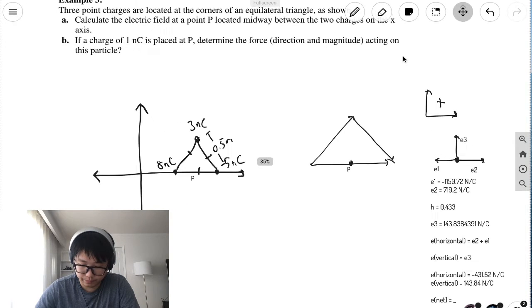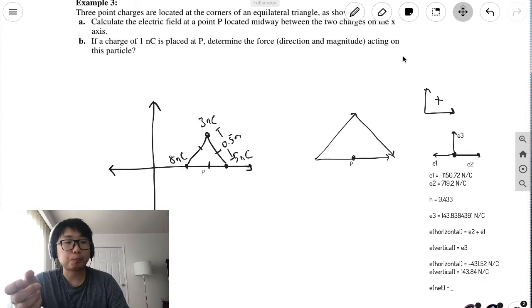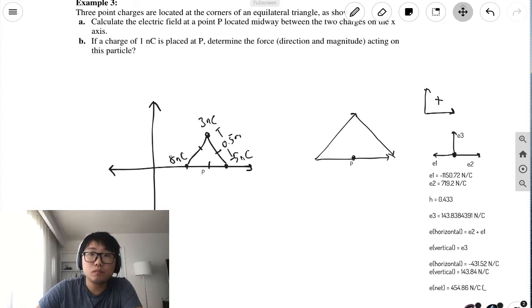Just going to zoom out a tiny bit. Alright, let me just see that.